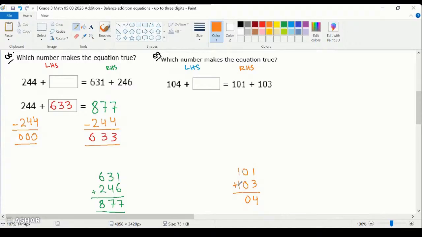And 1 plus 1 is 2 hundreds. So we can write 101 plus 103 should be equals to 204, which should be equals to this.